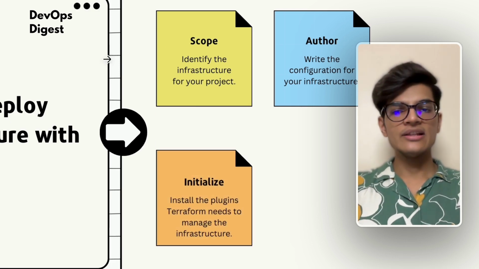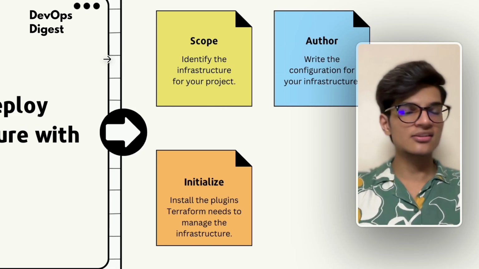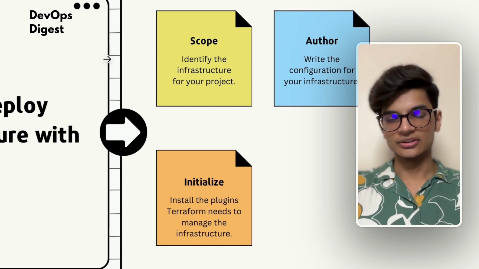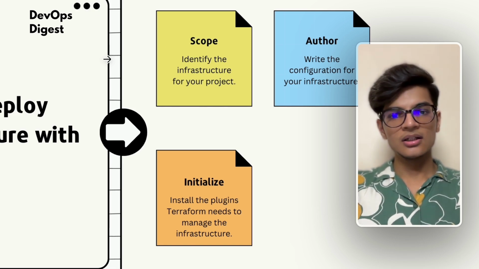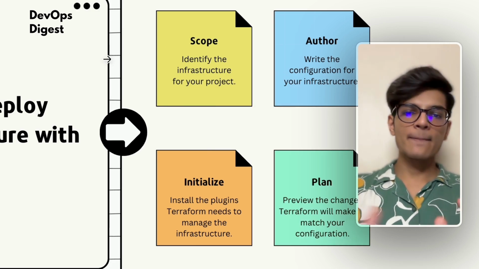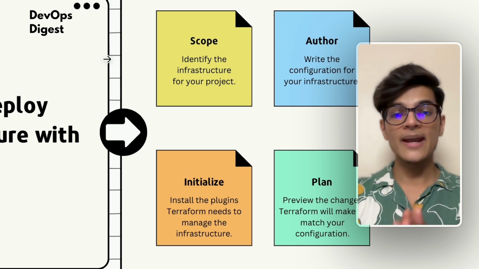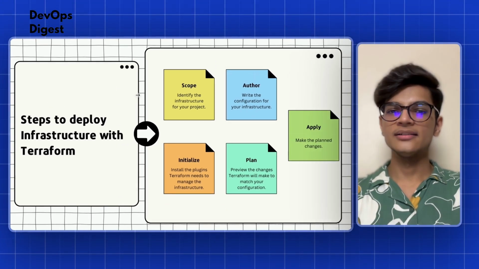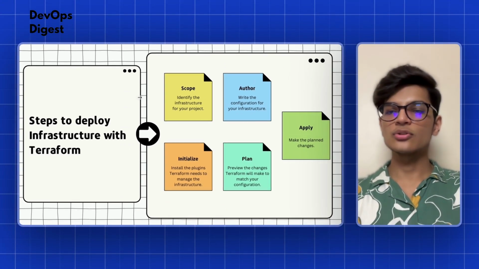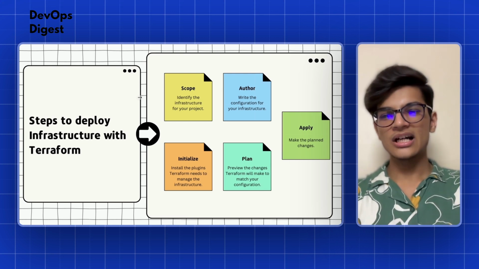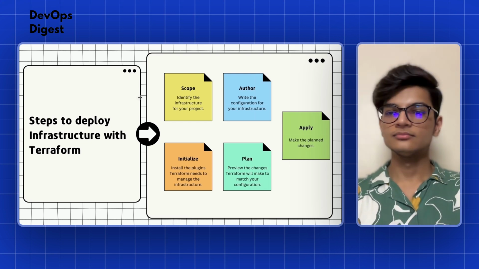After that, we install the plugins Terraform needs to manage the infrastructure. Then we plan and preview the changes Terraform will make to match your configuration. Then, at last, we apply those changes and boom, our new infrastructure is ready.